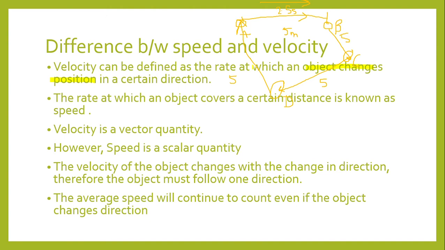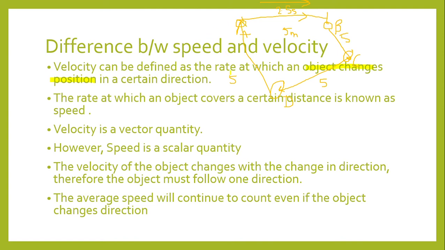Is there a final change in position? Well, in this case, there isn't because the object returned back to its original place, right? So the velocity of the object over this whole journey would be zero, because it comes back to its original position and the position is the same.